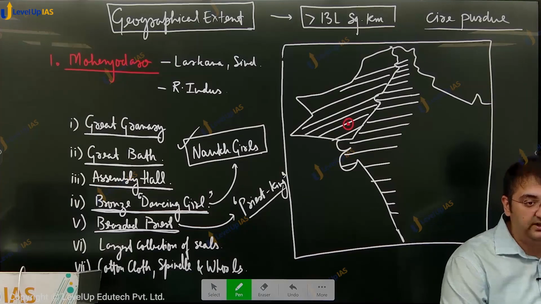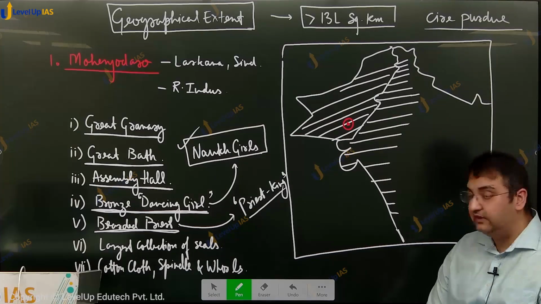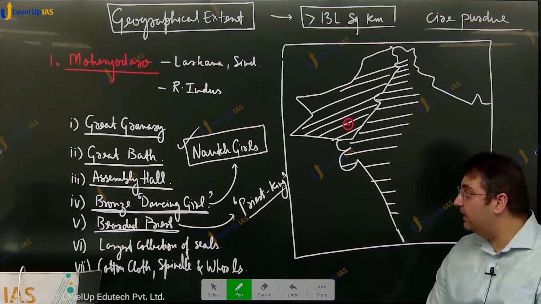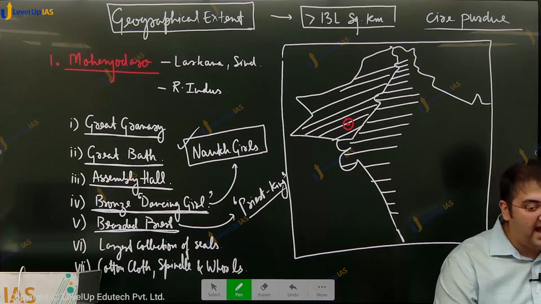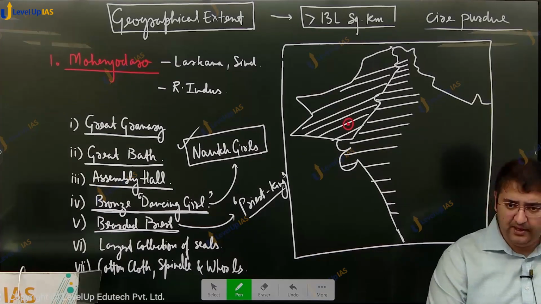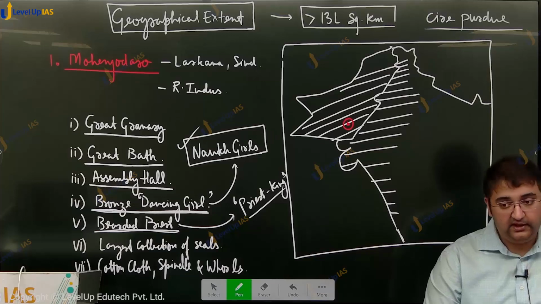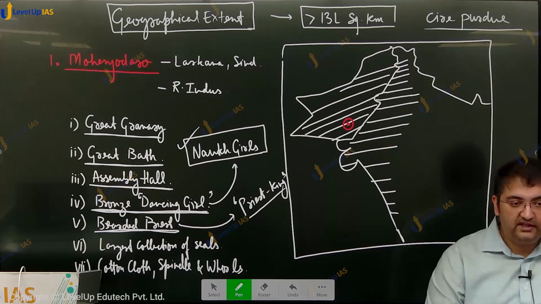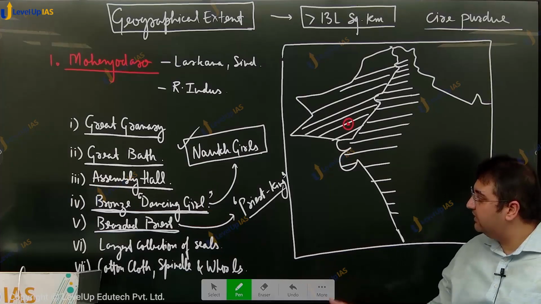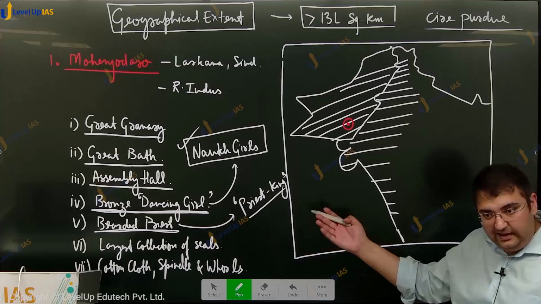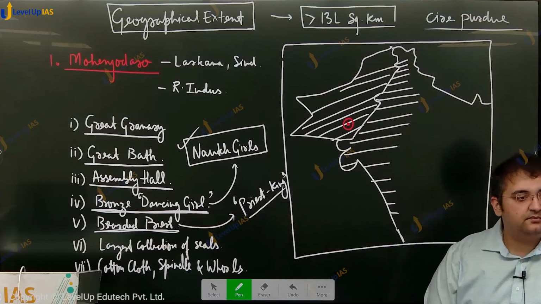The kind of clothing that he was wearing seemed to be quite expensive. He was adorned with rich ornamentation, heavy jewelry he was wearing. On his head, he had a fillet, probably made of gold or some other material. Then he also had a necklace around his neck, right? So because of these kinds of things, John Marshall estimated that this must have been an extremely important person, probably the king.